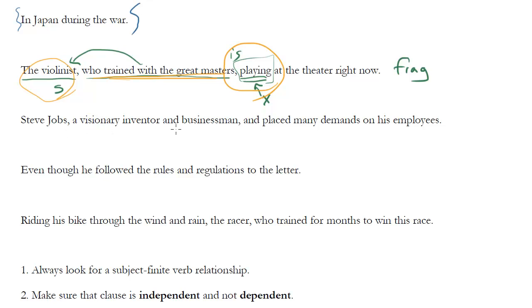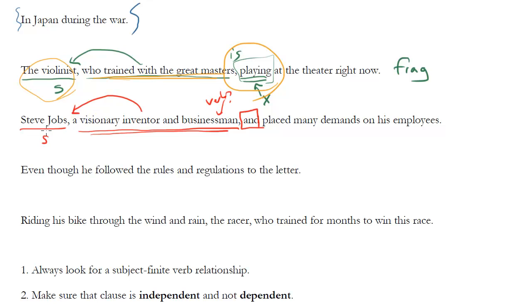Steve Jobs, a visionary inventor and businessman, and placed many demands on his employees. So wait a minute, we've got Steve Jobs as our subject. We have what's called an appositive phrase, which I haven't introduced yet, but basically it just describes or renames the noun right before it. So this is fine. It's just talking about who Steve Jobs is. But then notice right after the comma we have an "and." Well, wait a minute. Where's the verb that goes with Steve Jobs?